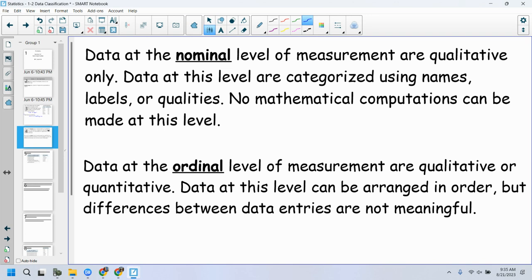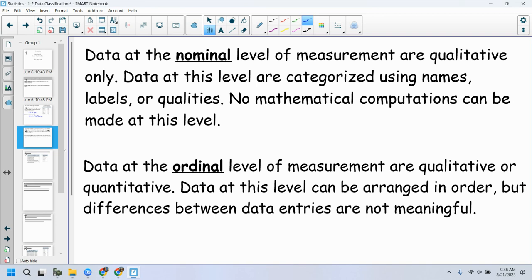That's nominal level. Tell me the names of your pets. Nominal level. Tell me the brand of car that you have. Nominal level. Just names, labels, or qualities. Nothing beyond that. No mathematical computations or rankings can be made at that level.